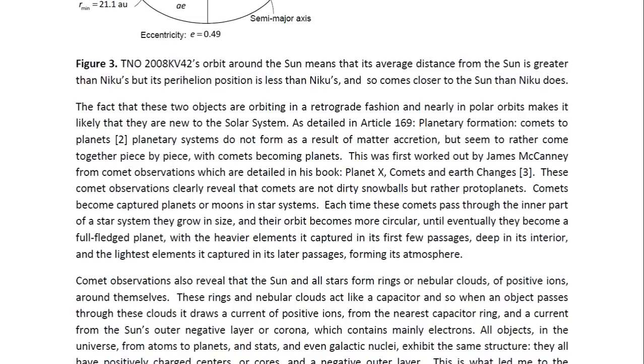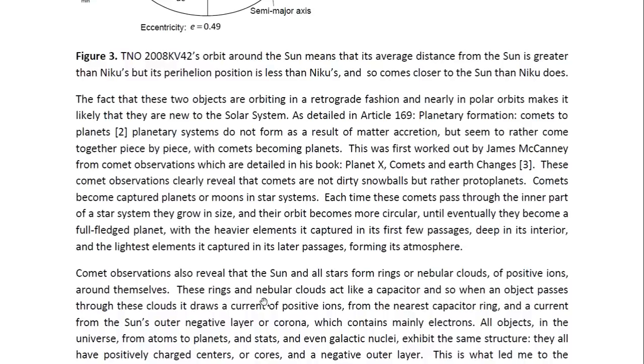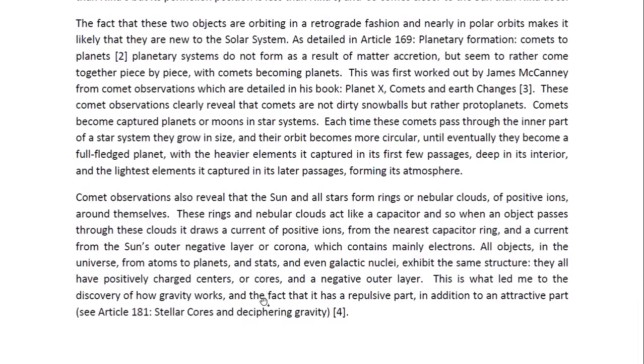Comets become captured planets or moons in star systems. Each time these comets pass through the inner part of a star system, they grow in size, and their orbit becomes more circular, until eventually they become a full-fledged planet, with the heavier elements it captured in its first few passages deep in its interior, and the lightest elements it captured in its later passages forming its atmosphere.